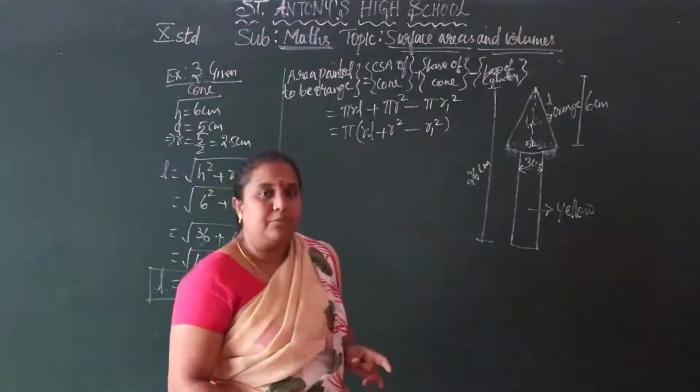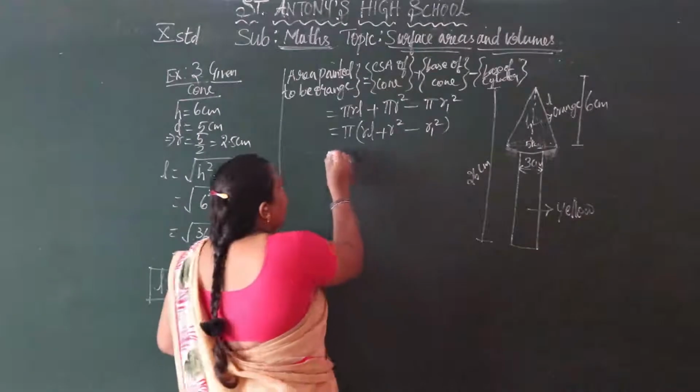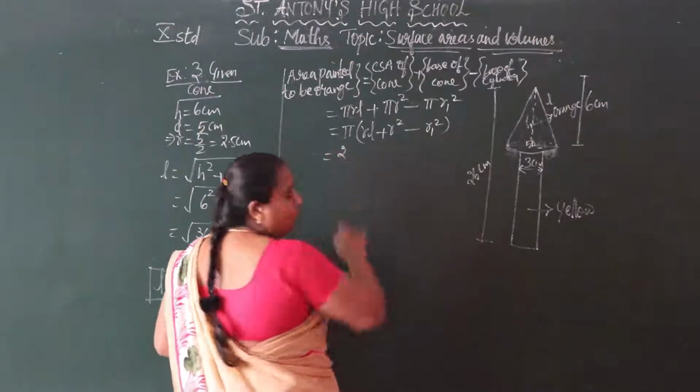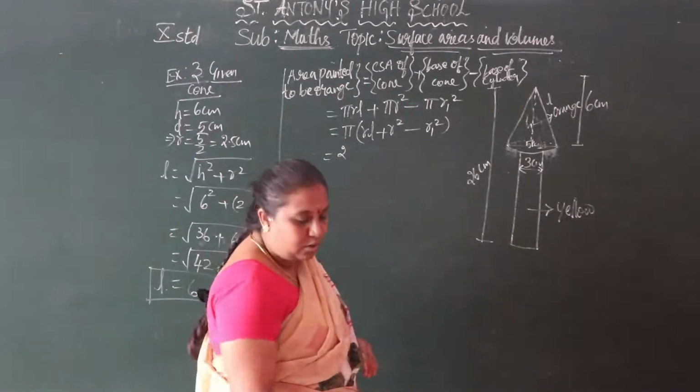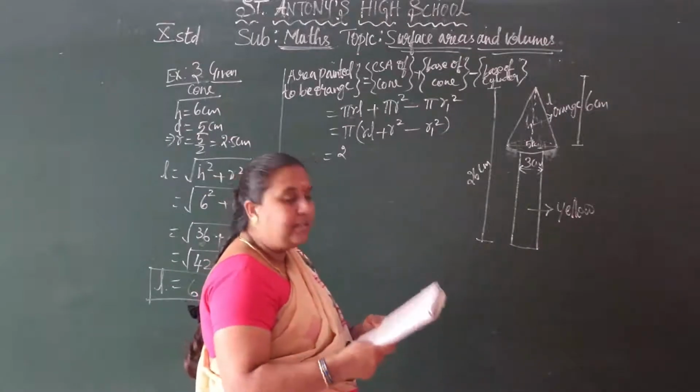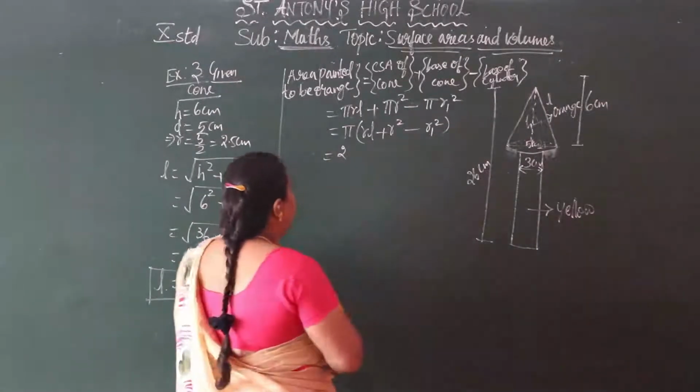Then we have to substitute the values in this. The pi value is 22 by 7, but it is given as 3.14 in your textbook.